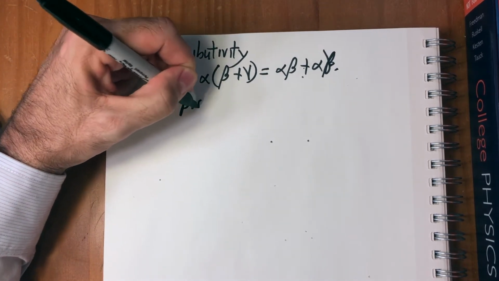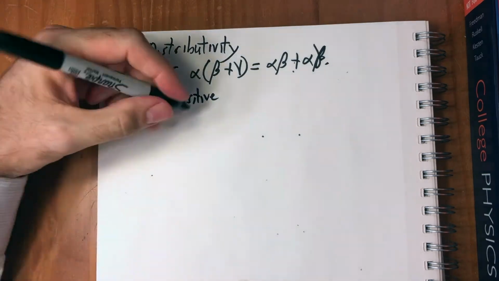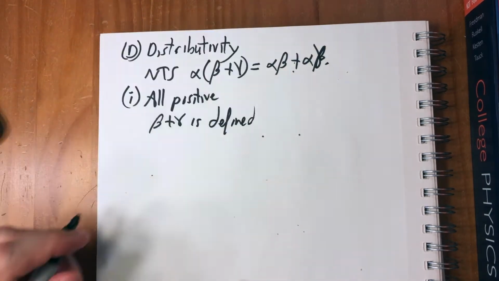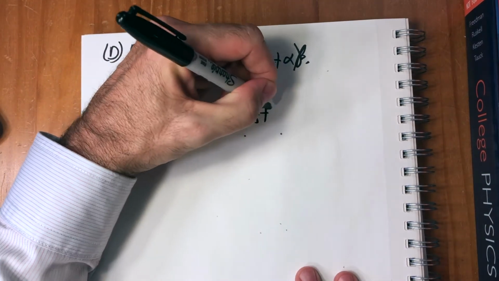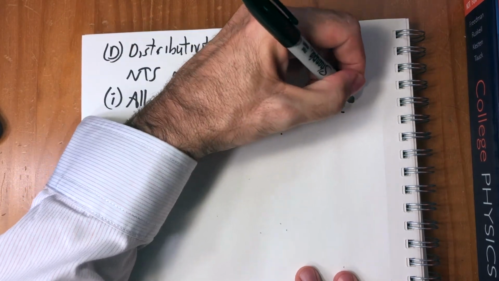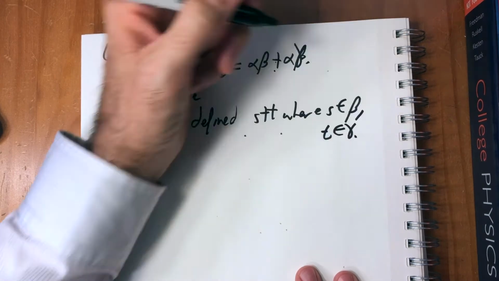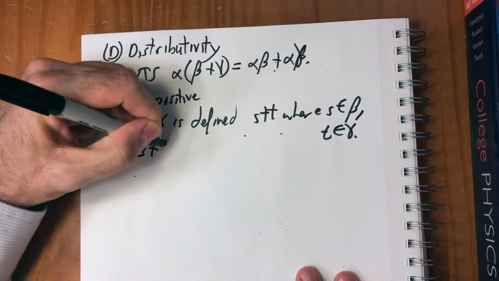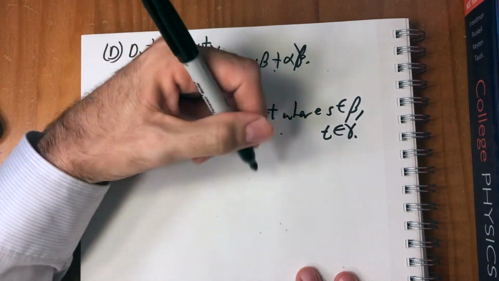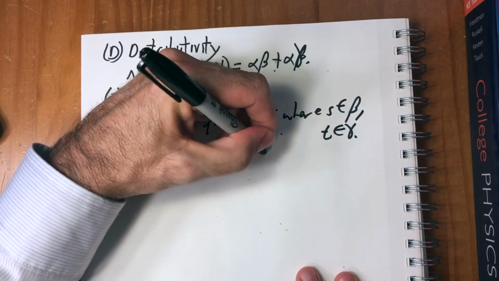So first, all positive. So beta plus gamma is defined as the set of all s plus t, where s is an element of beta and t is an element of gamma. So beta plus gamma is a cut made up of all of the elements s plus t.